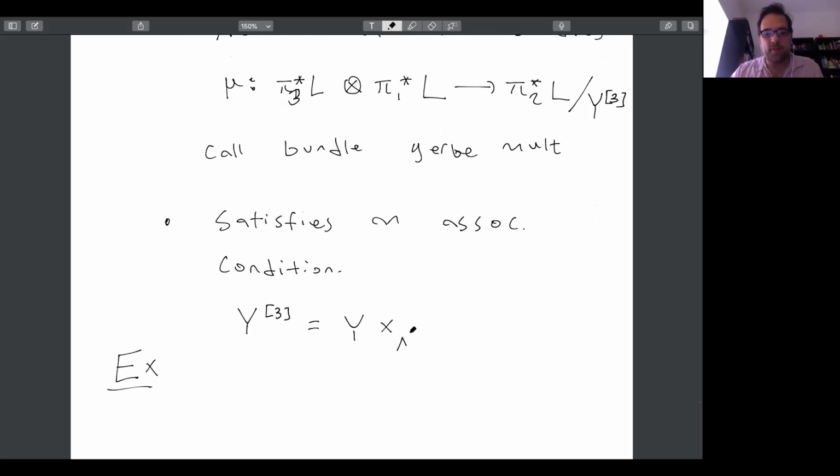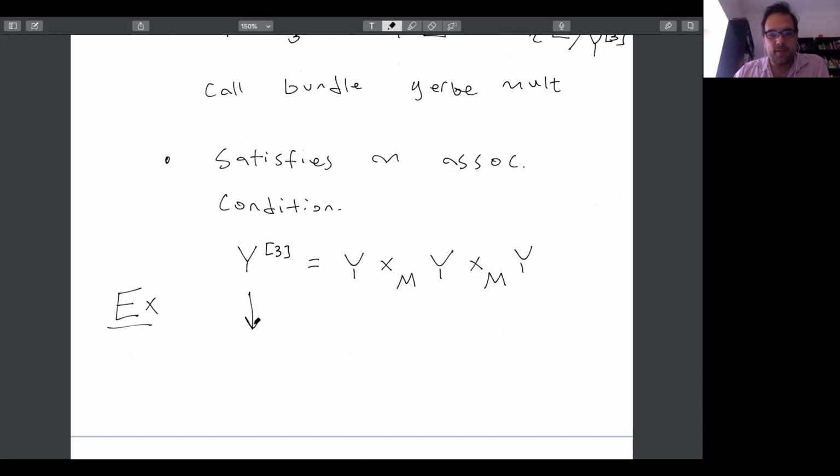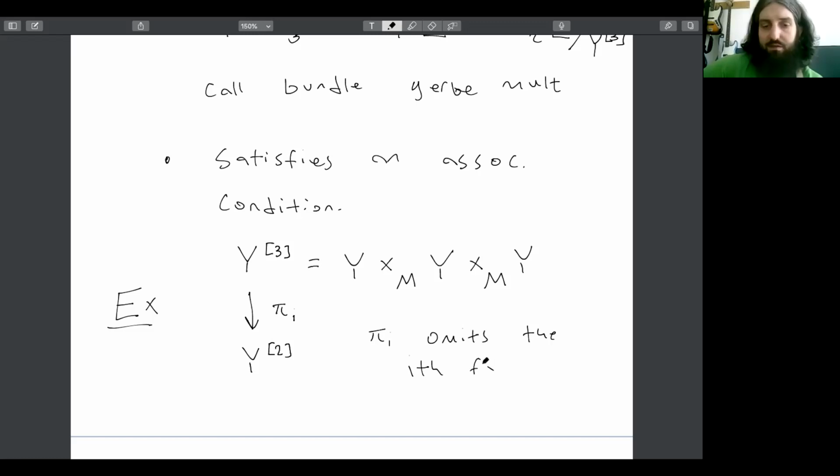It's the fiber product over M of Y with itself 3 times. And this has projection maps down to the fiber square. And these pi's are these projection maps. Pi i omits the ith factor.